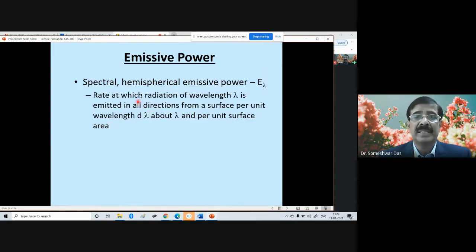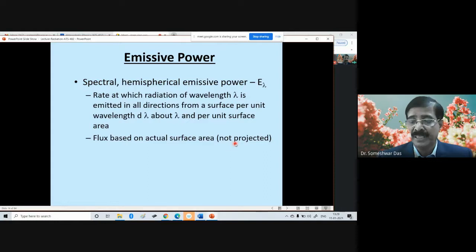Right? The flux is based on actual surface area, not projected.